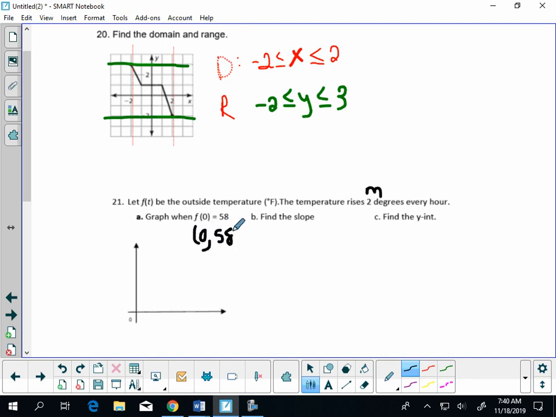That's my y-intercept too. I'm not going to make 58 hash marks, I'm just going to label that it's 58. My slope is how much it's changing. My rate of change is 2 degrees every hour. So my slope is 2, and my y-intercept is where it started, at 58.